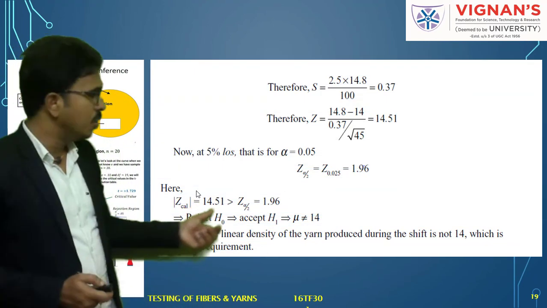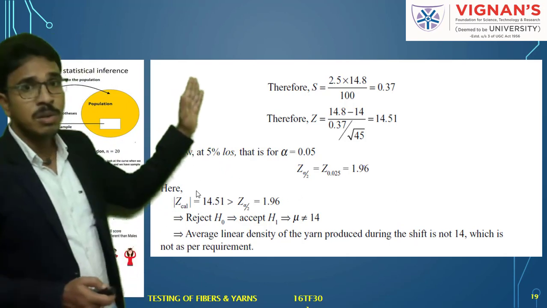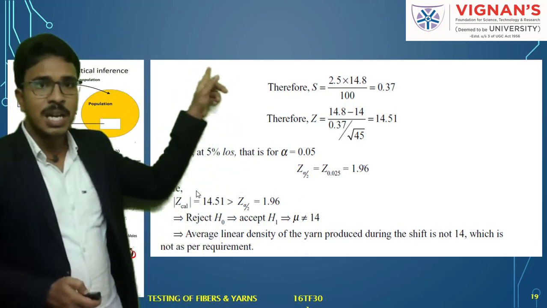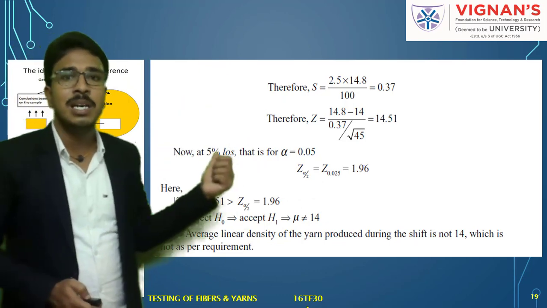So S is equal to 0.37. Now we know the S value, we know the x bar, and we know the n value.